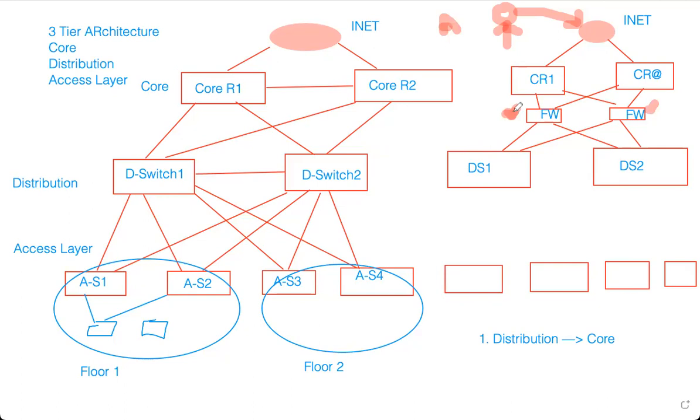Sir, what if we put a firewall between the core layer and the internet? Well, that's an answer too, right? So tell me, guys, now the firewall got shifted here.